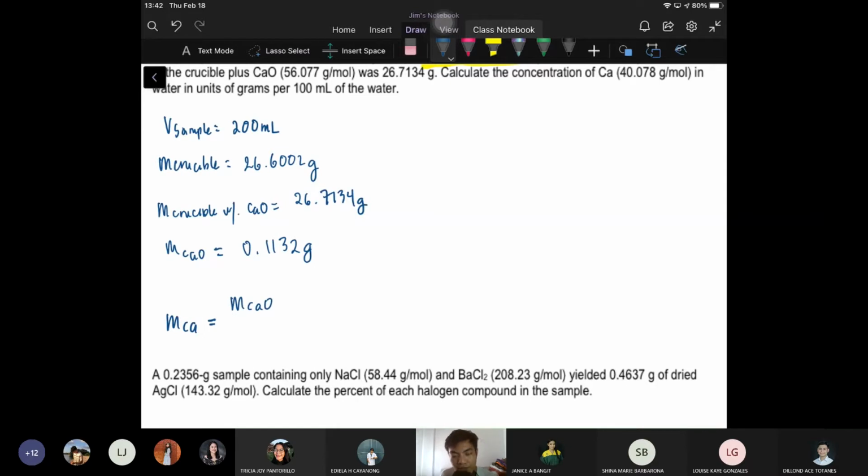What do we do with the mass of calcium oxide? Stoichiometry says, convert it to moles. So, to convert calcium oxide into moles of calcium oxide, you have to divide it by the molar mass of calcium oxide. At this point in this equation, we have moles of calcium oxide.